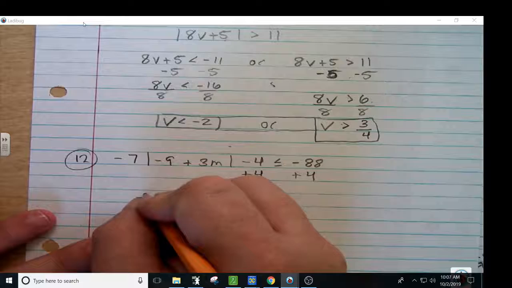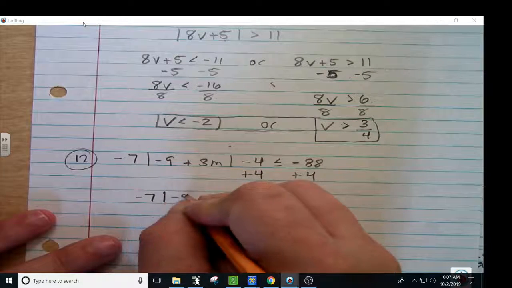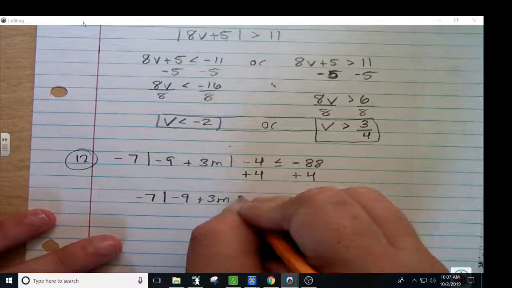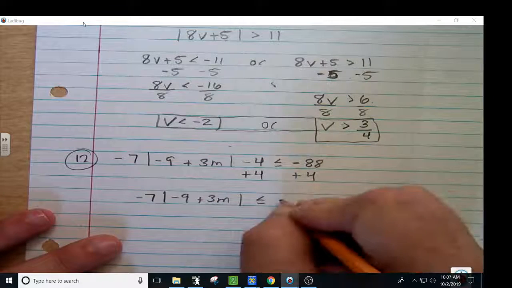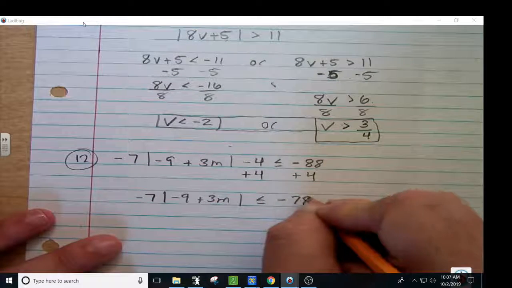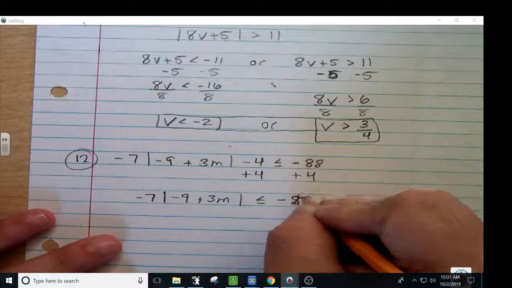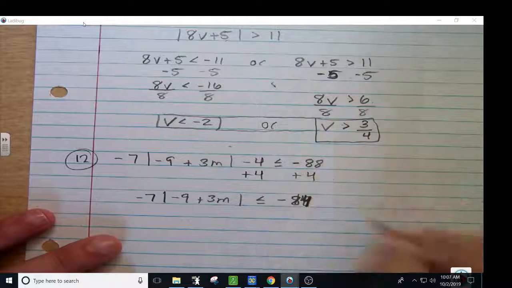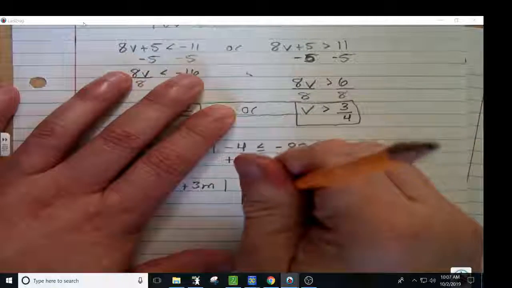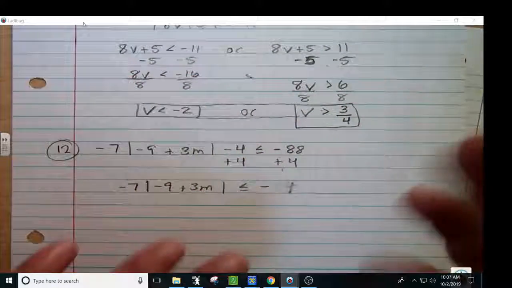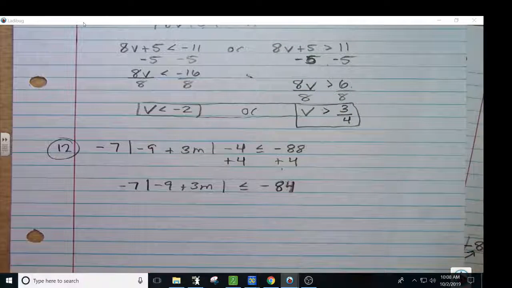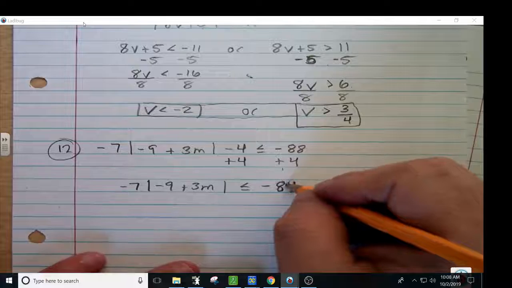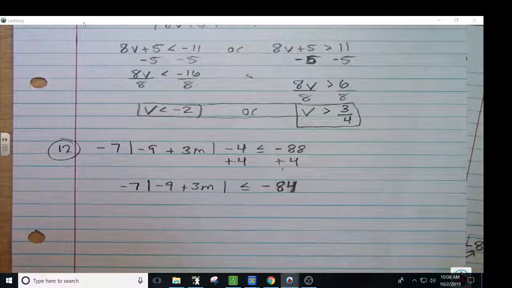That's -7 absolute value. Oh, that's 84. My fault. It's -84. Let me erase that. I was thinking for some reason that's 82. I thought it was 78, but that's 84. All right. What's the next step?